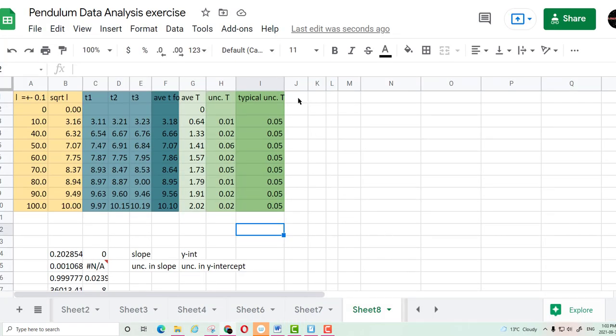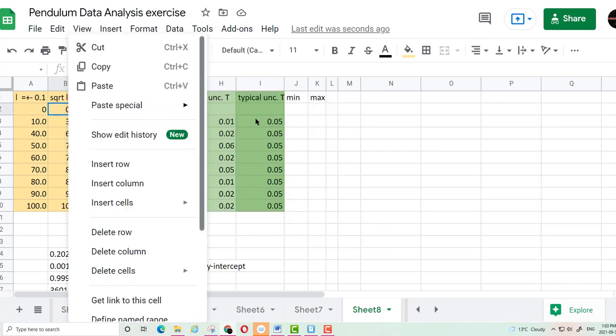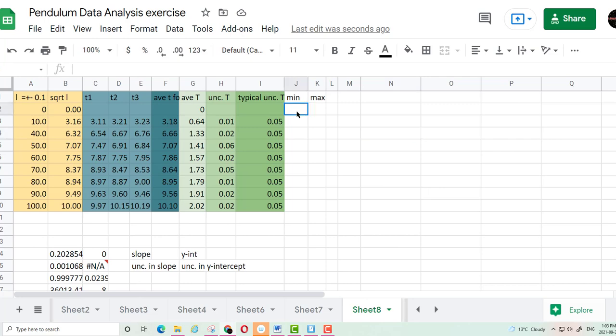So we're back to the data. I'm going to type in min and max. These are going to be where I put the y values for my minimum and maximum slope lines. Now I'm anchoring things to the origin. So when my square root of L, my x value, is 0, on the minimum line the y value will also be 0, and on the maximum line the y value will be 0.